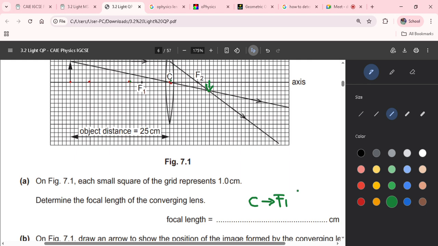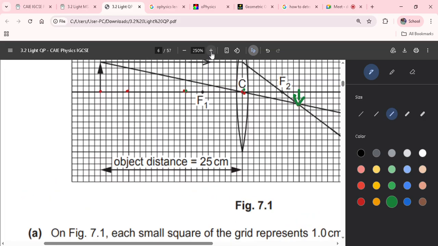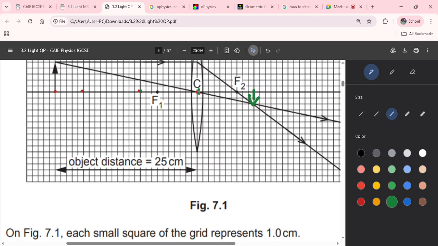Yeah, I will enlarge it again. From the center to the F1, we count together. 1, 2, 3, 4, 5, 6, 7.